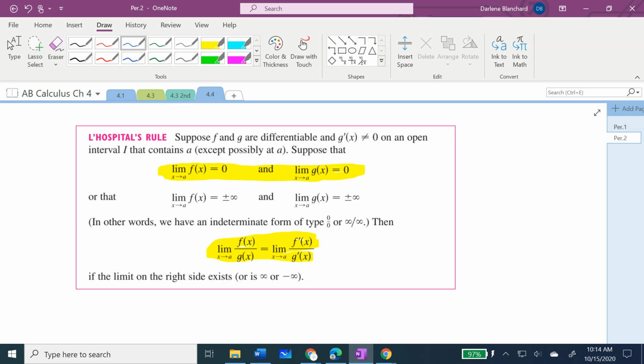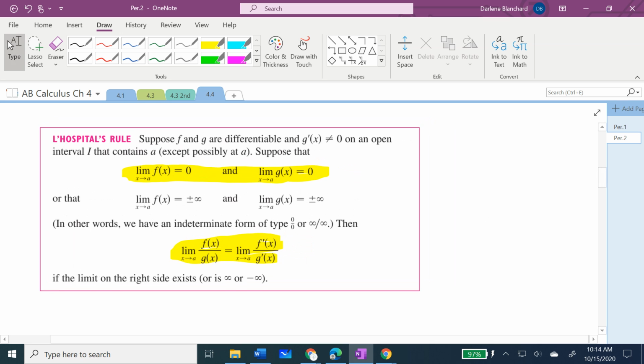And now I'm going to talk to you about the fact that 0 over 0, well, we've talked about before that 0 over 0 is an indeterminate form when it comes to limits. Infinity over infinity is a similar indeterminate form, and I'm going to show you just how similar. Are you ready?